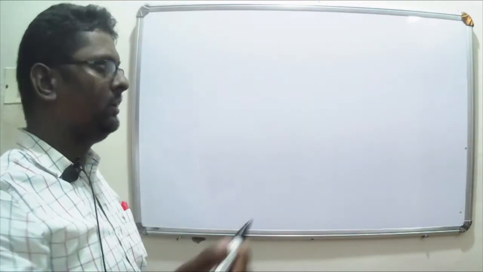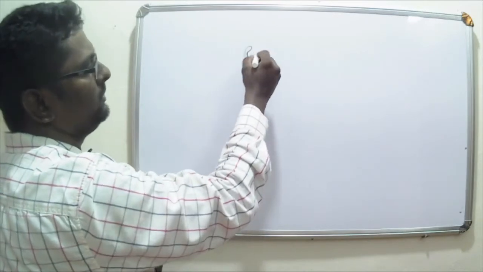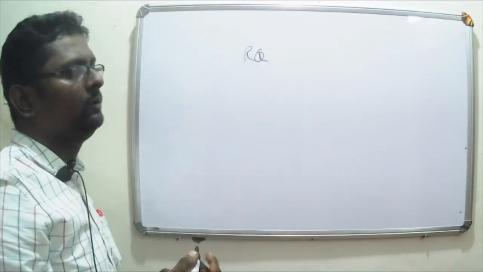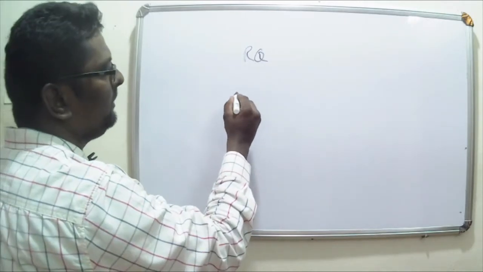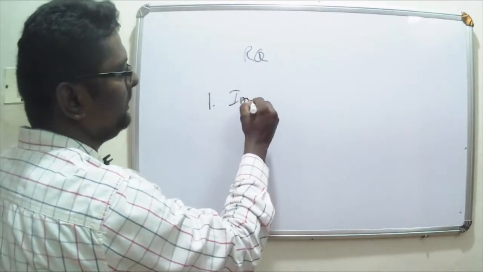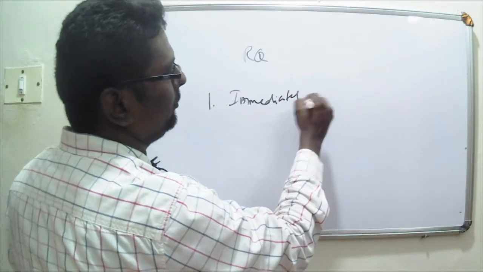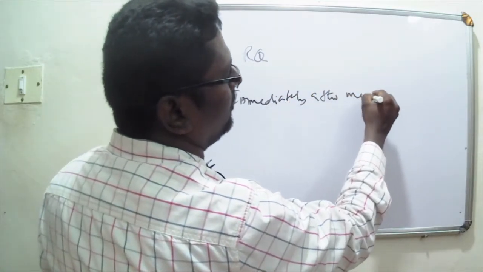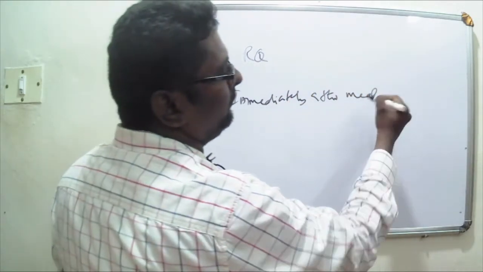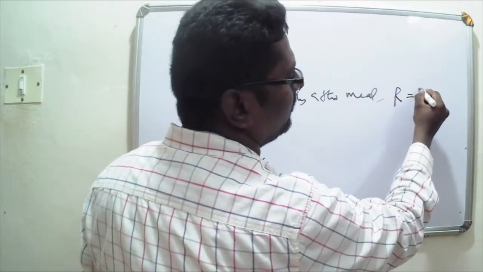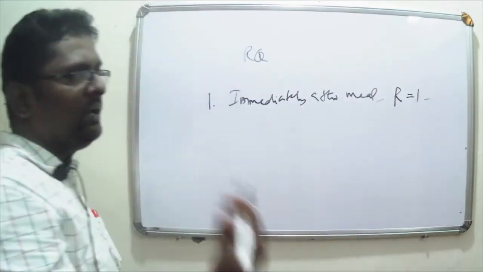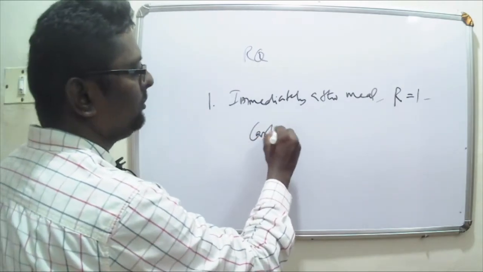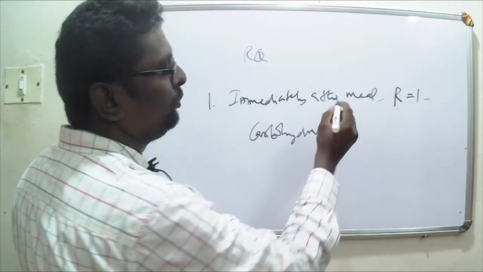Extensive research in the field of respiratory quotient has yielded some valuable findings. One is that immediately after a meal, R is 1. This is because immediately after a meal, carbohydrates are exclusively utilized for fuel.